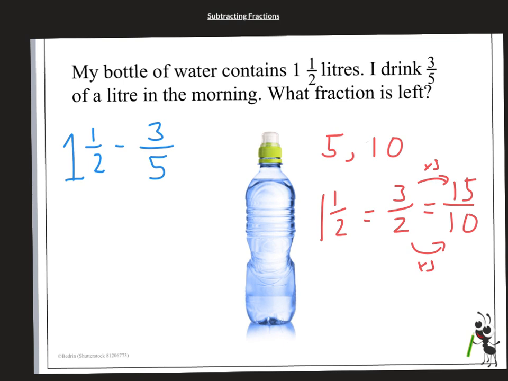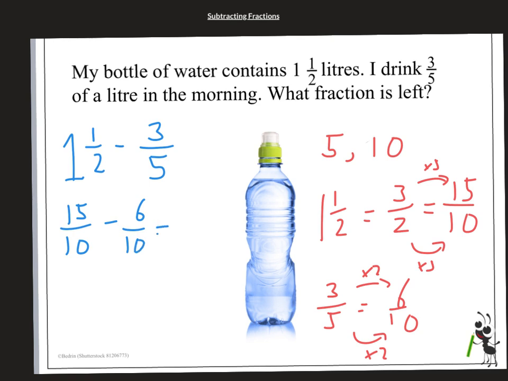Then I'm going to change my 3/5 into tenths. So 5 times 2 is 10, and 3 times 2 is 6, so 3/5 is the same as 6 tenths. That makes my sum a lot easier to do now. It's 15 tenths. Take away 6 tenths, and the answer is 9 tenths.